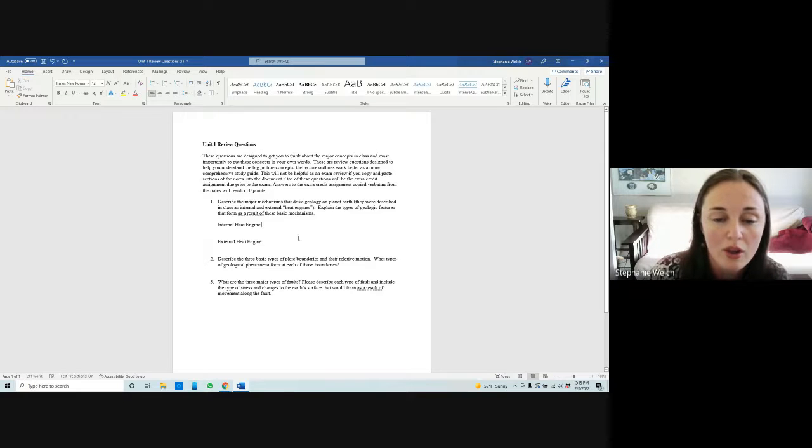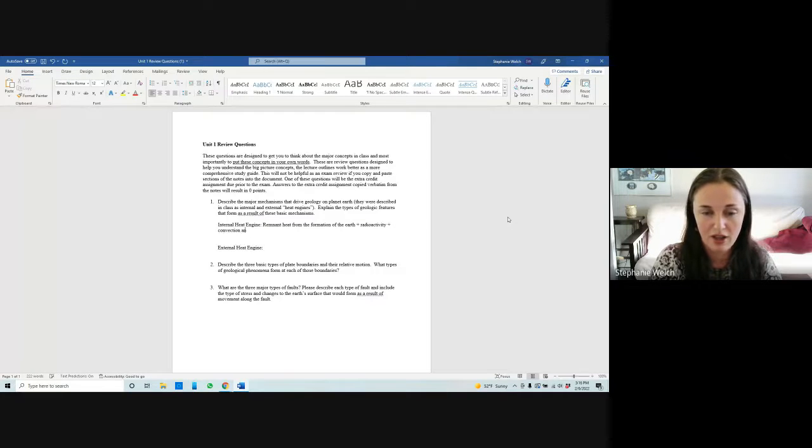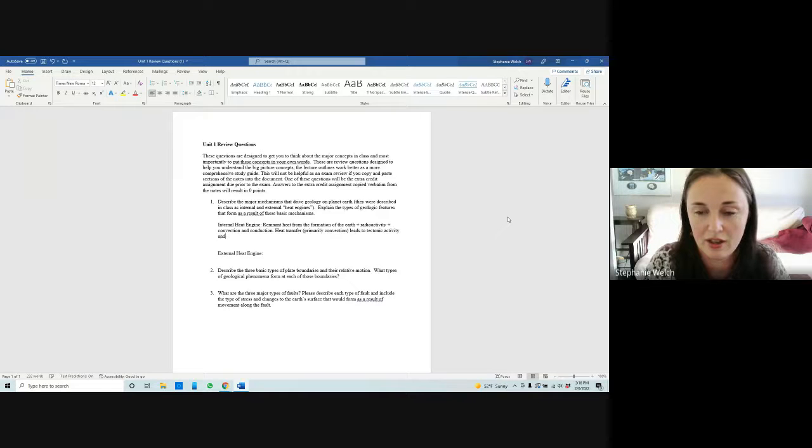So the Earth's internal heat engine is remnant heat from the formation of the Earth plus radioactivity plus convection and conduction. Heat transfer, primarily convection, leads to tectonic activity.